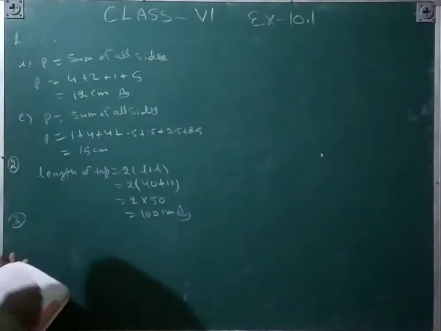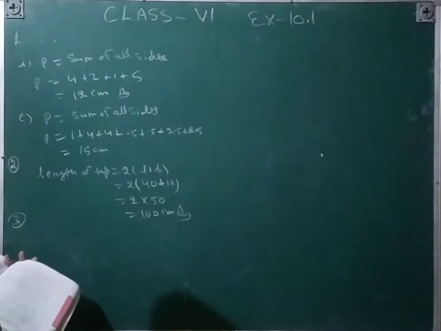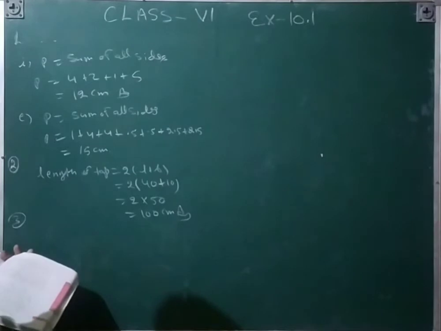Third question: a table top measures 2 meter 25 centimeter by 1 meter 50 centimeter. What is the perimeter of that?